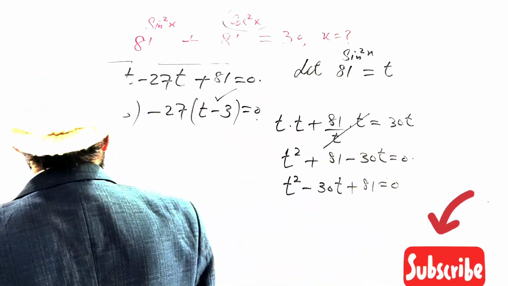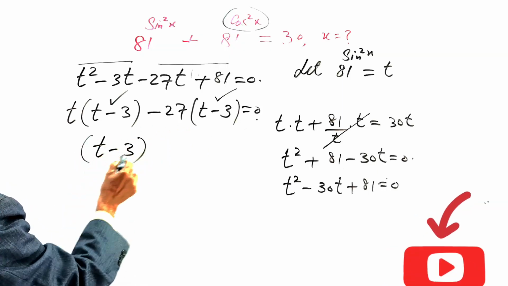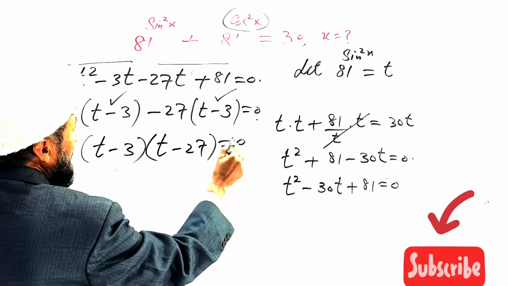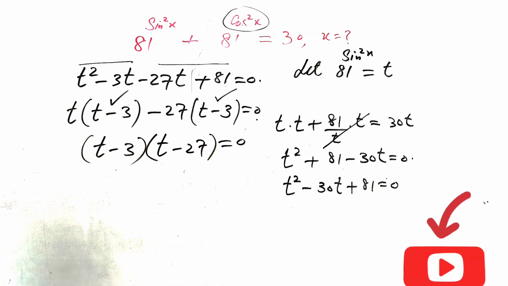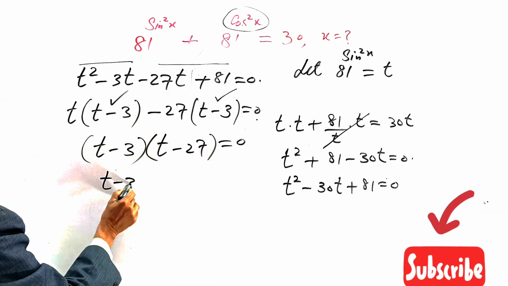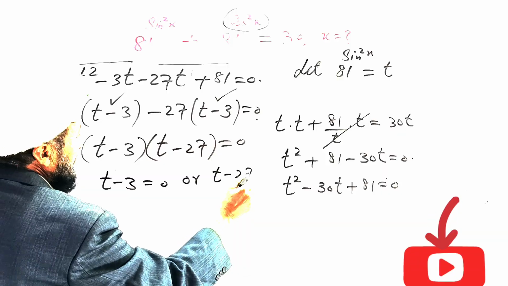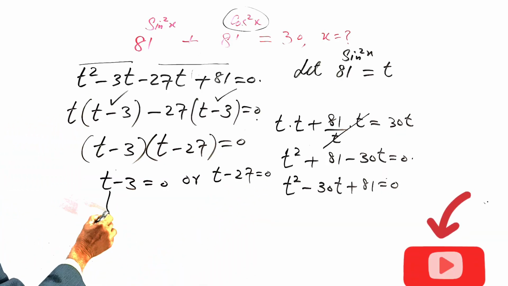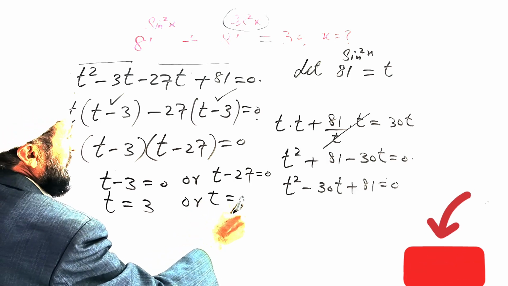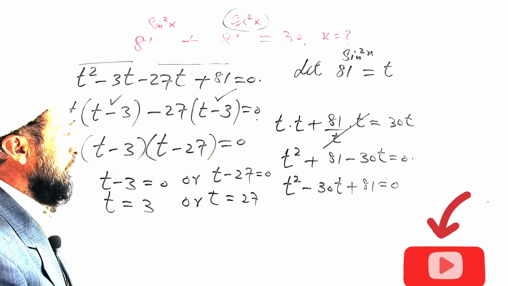So we take t minus 3 as the common factor, and t minus 27 is also multiplied. It means t minus 3 is equal to 0 and t minus 27 is equal to 0. Transferring to the right side, we get t is equal to 3 and t is equal to 27.